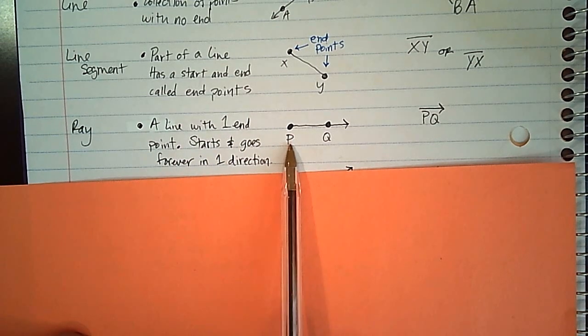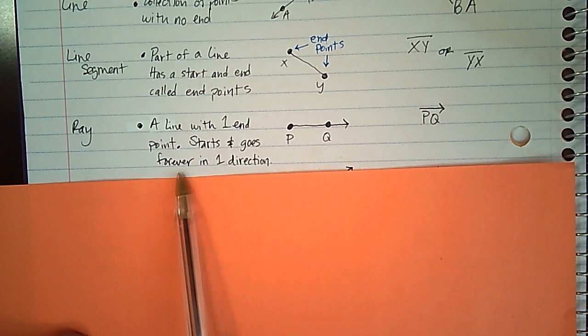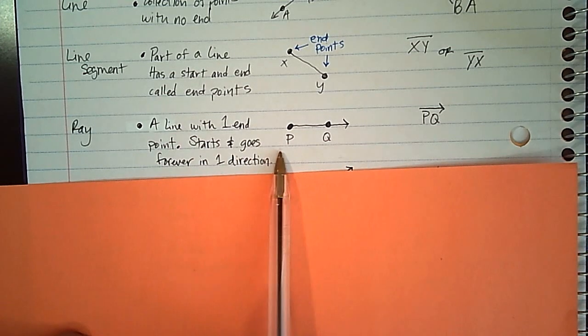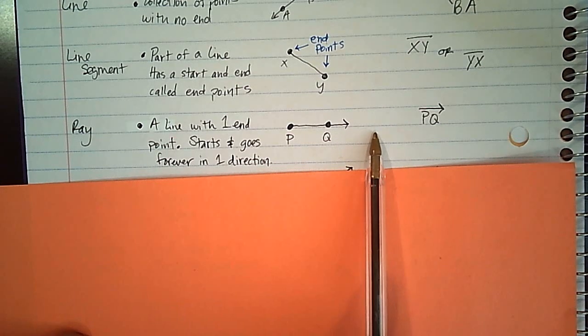So there's the endpoint P. You can think of it as stopping there or starting there. I'd like to think it starts there. It starts and goes forever in one direction only. So for this one, it starts at P and it goes forever in this direction towards Q.